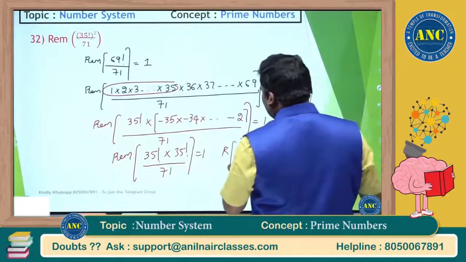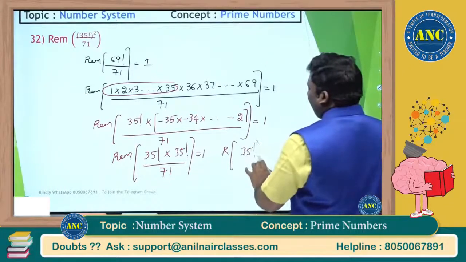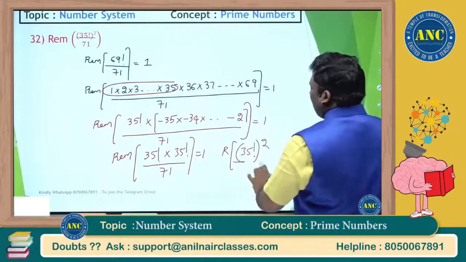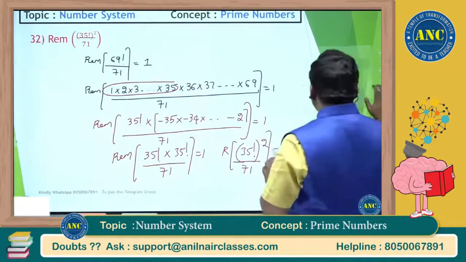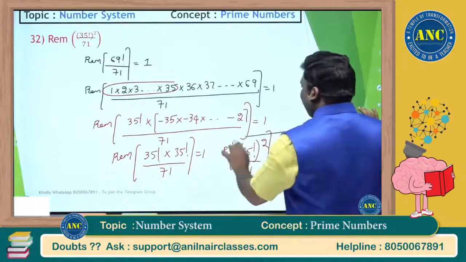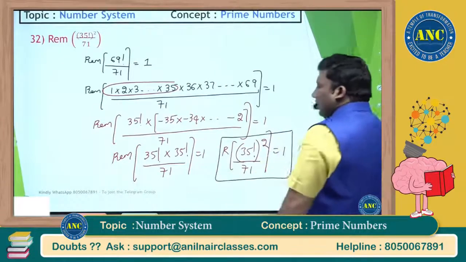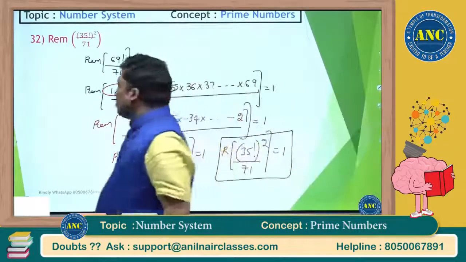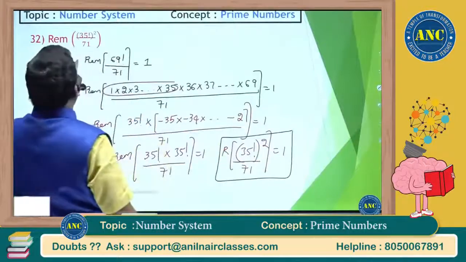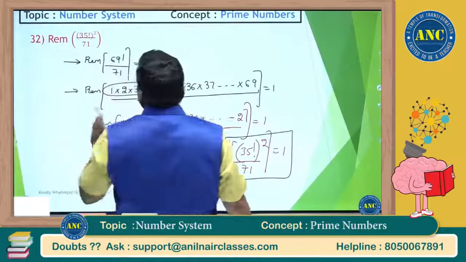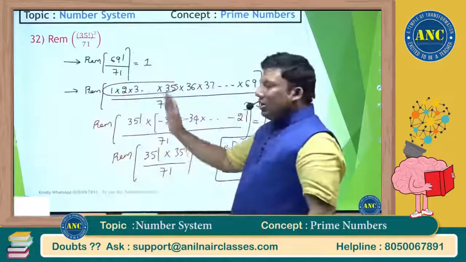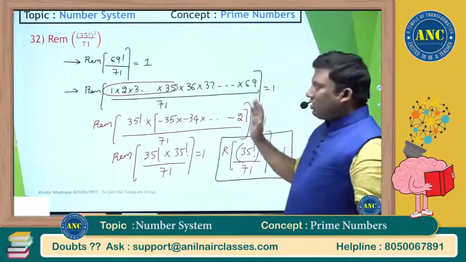So the answer for this question is: 35 factorial whole square divided by 71, it is 1. Please make a note of it. 69 factorial divided by 71, it is 1. 69 factorial is 1 into 2 into 3 till 69.